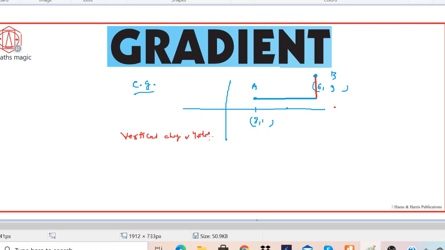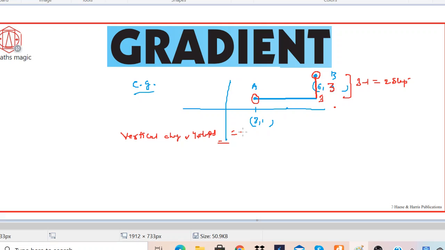Over here you can see that point A has y coordinate 1, and point B has y coordinate 3. So we are moving from 1 to 3 in the vertical direction. It's basically 3 minus 1, so we are moving 2 steps to reach B from A in the vertical direction.